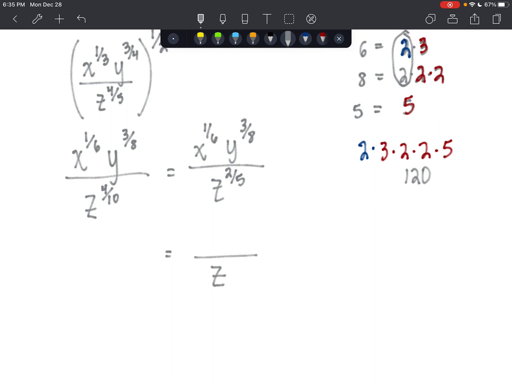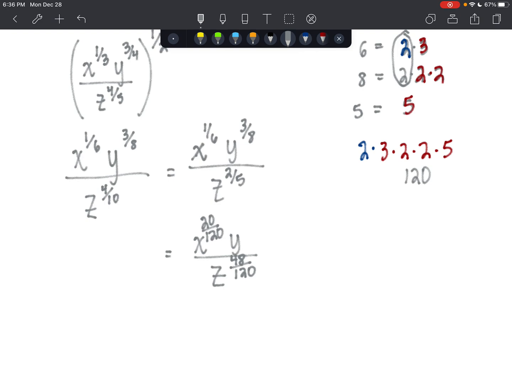So 5 goes into 120, let's see, 24 times. So 2 times 24 is 48. So z to the 48 over 120. And then 6 goes into 120. We're looking at the x to the 1/6. 6 goes into 120 20 times, so that would be 20 over 120, and that reduces to 1/6.